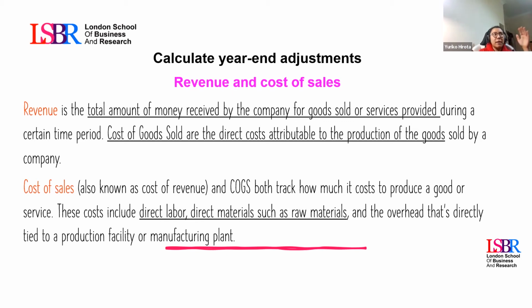For example, if we have a factory and employees that are making the product, we need to include the salary that the company is paying to those employees, because it's part of the cost of the product.